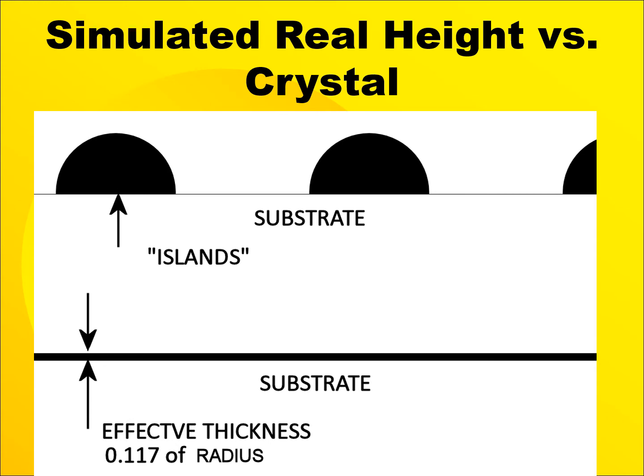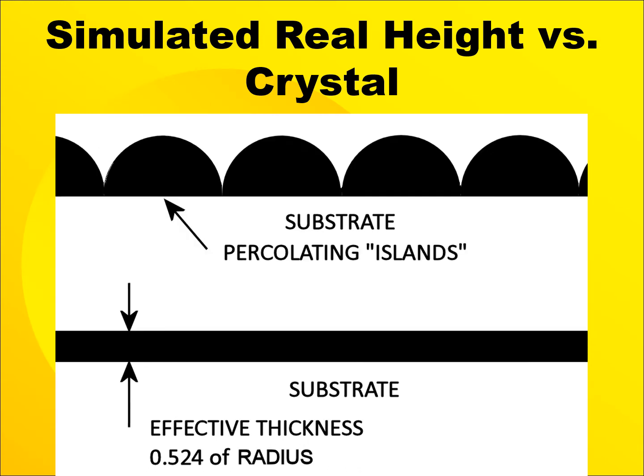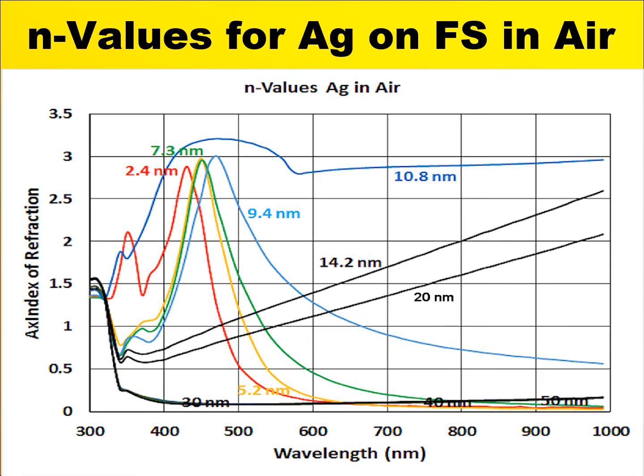So in this case, with the big distance between islands, we'll see an order of magnitude lower thickness reading on the crystal monitor until the film starts to grow enough to have the islands touch or percolate or coalesce. And even in this case, with this simulation, we see that the thickness reading on the crystal is only approximately half of the actual height of the islands.